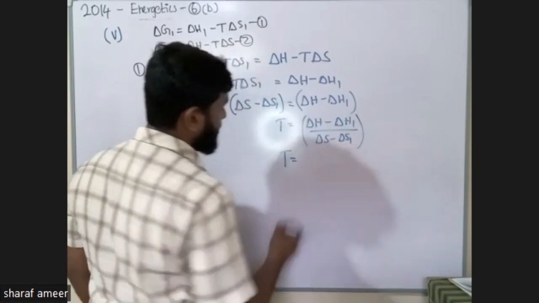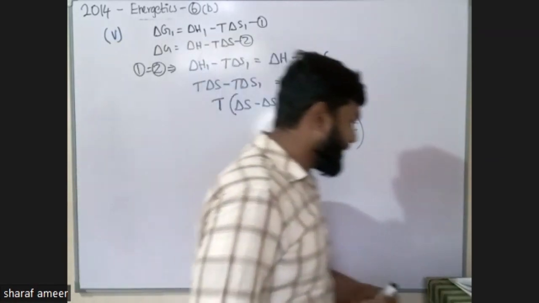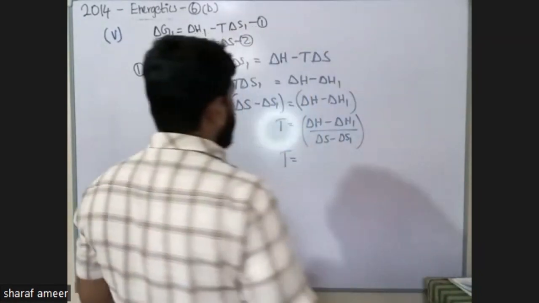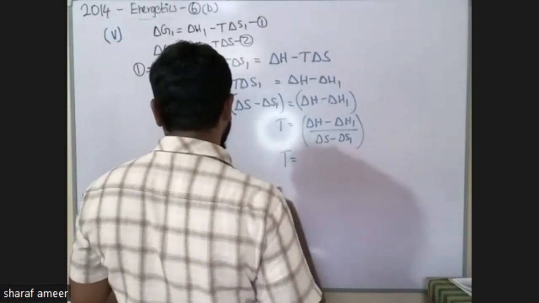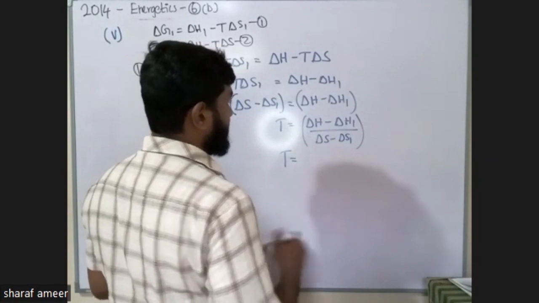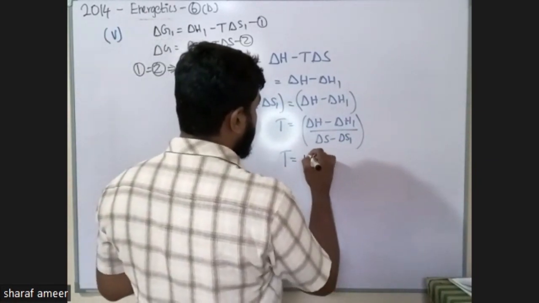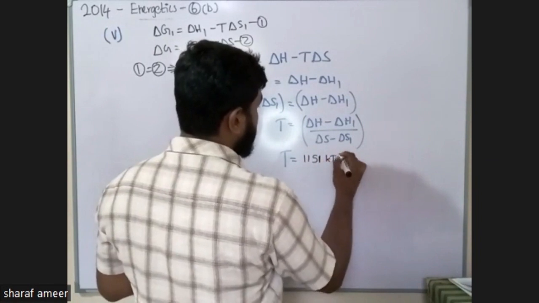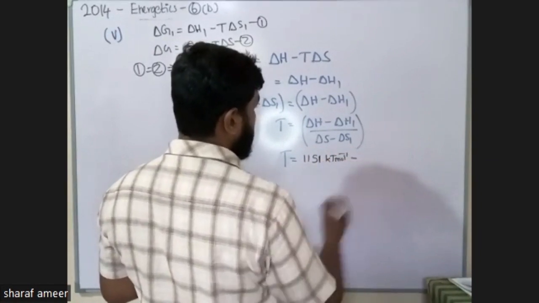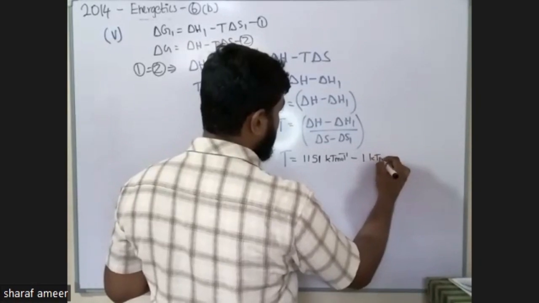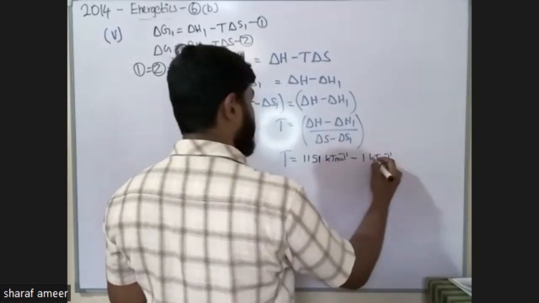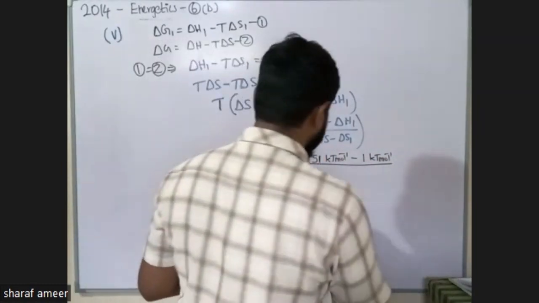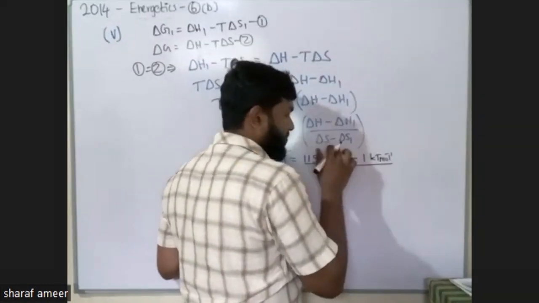So T is equal to, we calculated delta H in the first part, right? The answer is 1151 kilojoule per mole minus 1 kilojoule per mole, divided by delta S minus delta S1.